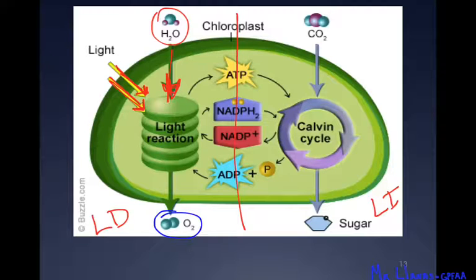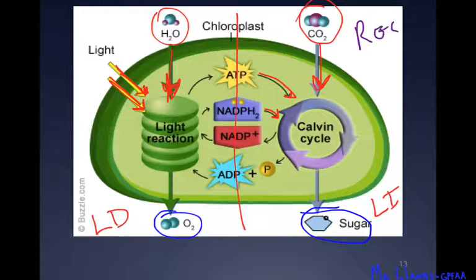Once that's done, then CO2 comes into the chloroplast, and the ATP and the hydrogens that were left in the thylakoids come into the Calvin cycle and produce sugar. Okay, so you can see here, these are the reactants. This is what's coming in. These are the products, in blue.